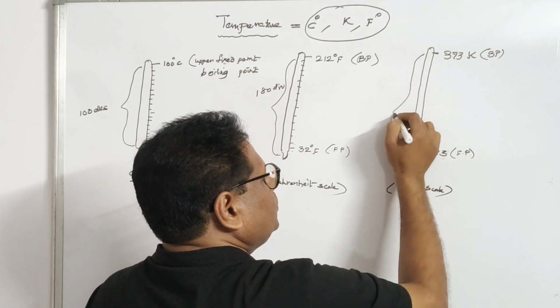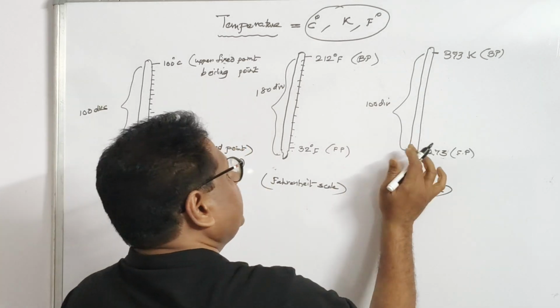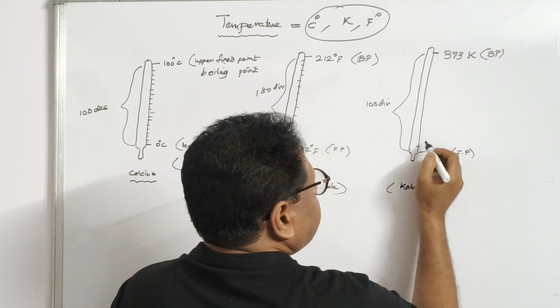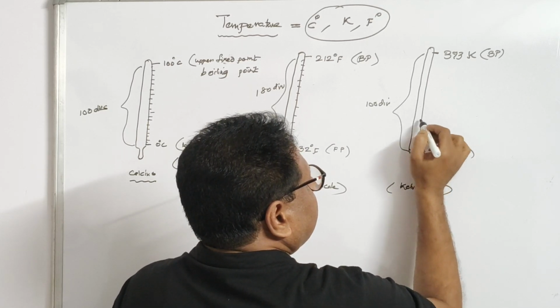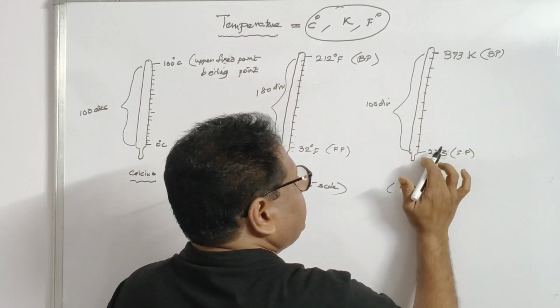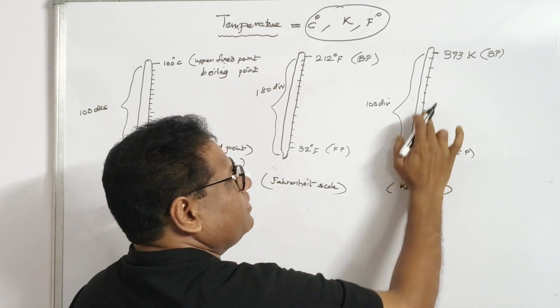Here also we have 100 divisions on this scale, same as centigrade scale, right? So each division represents the temperature in Kelvin, read from 273 onward. That means after 273 we are going to get 274, 275 like this.